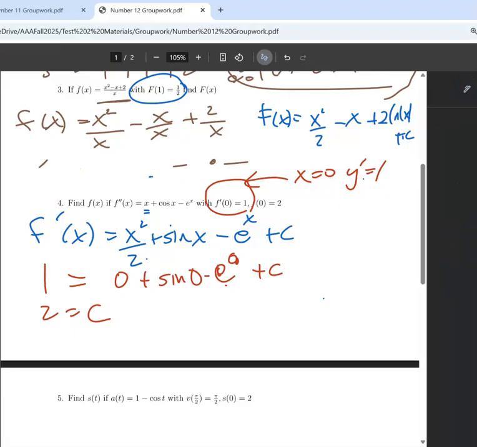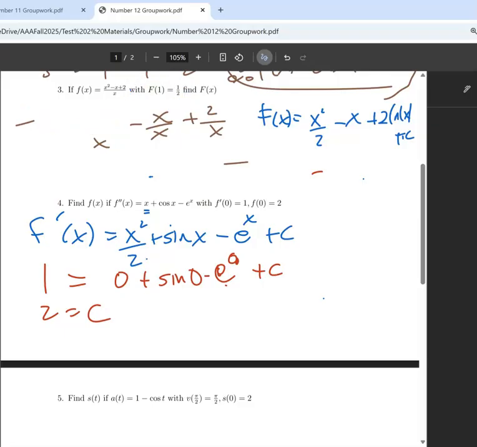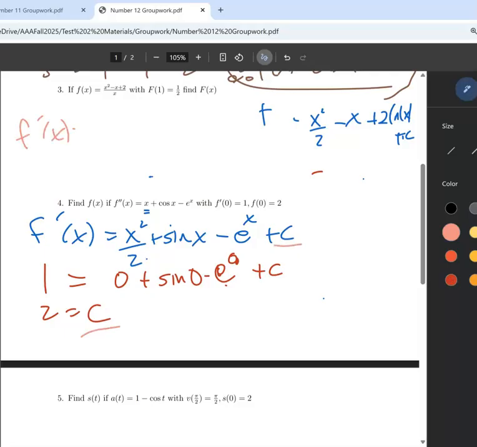So we have to put the next step in. Okay, here we go. So I've got this c is 2, right? So f prime of x is x squared over 2 plus sine of x minus e to the x, and then I put the 2 in for the c.